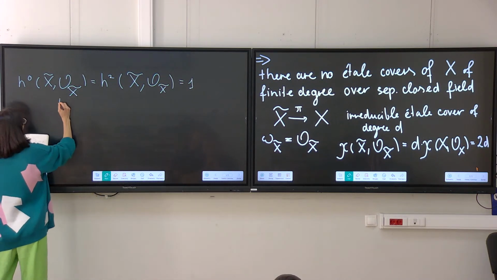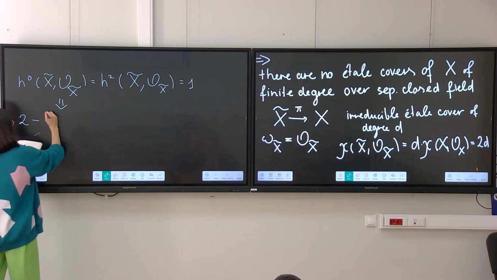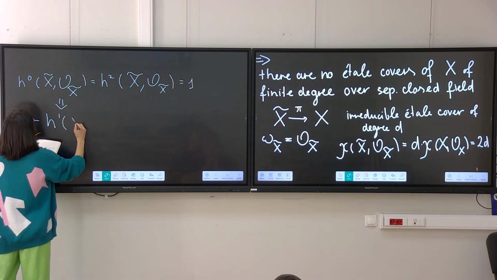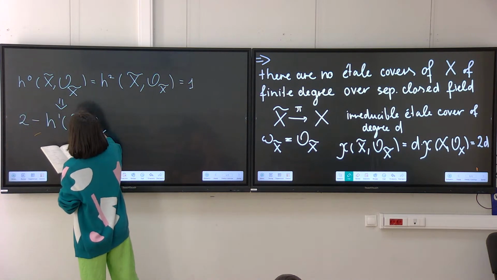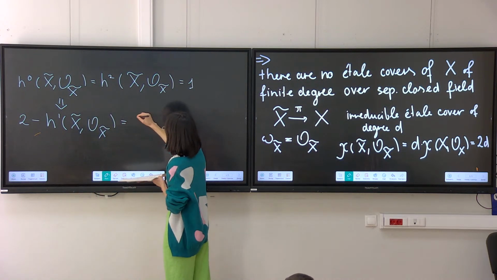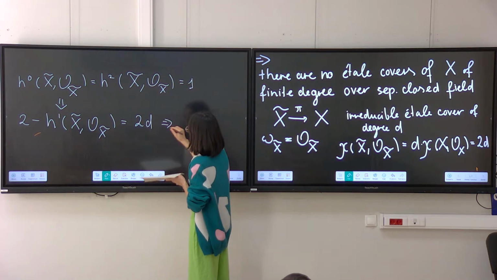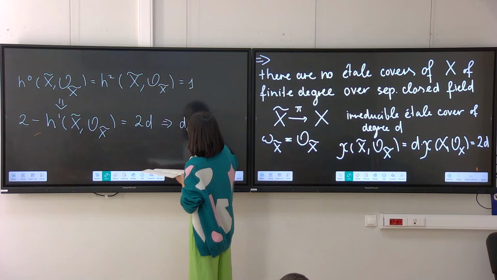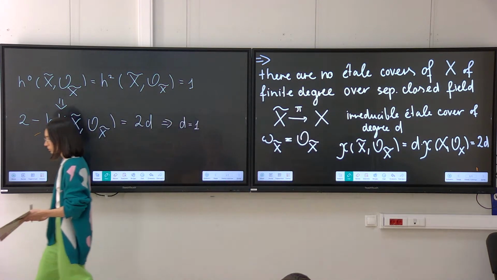Okay, but what does this mean? This means that 2 is equal to 2D. And this means that D should be 1.